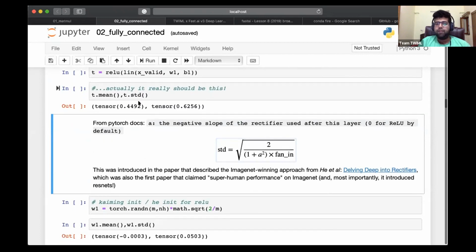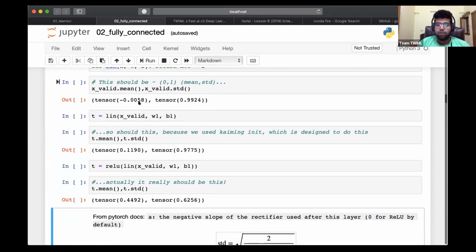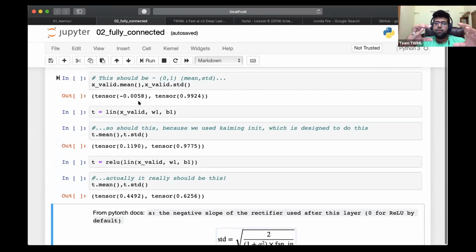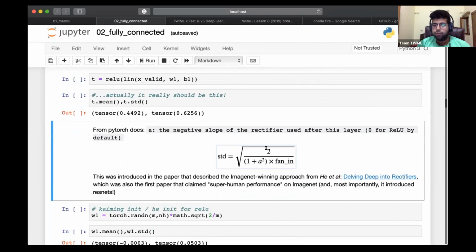Because when we include a ReLU, we delete whatever negative values are there. And that can be fixed for the mean by subtracting 0.5 from it, because what we've done is we moved the graph 0.5 above the y-axis. But for standard deviation, you need to include this 2.